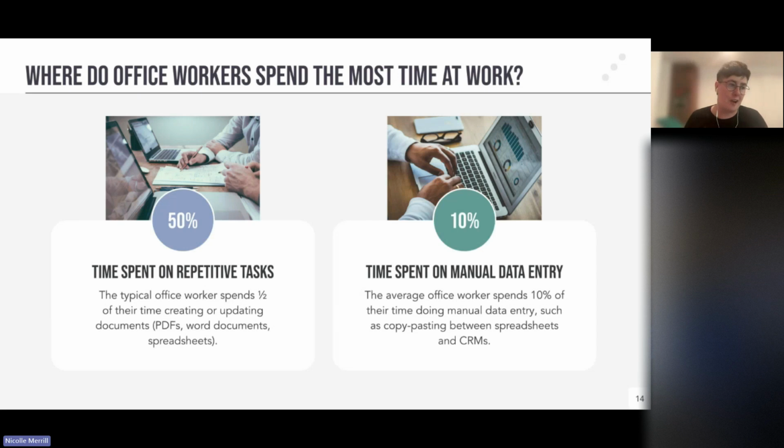Putting information in, documenting information so other team members can use that information to do their work. And we have 10% of time spent on manual data entry. The average office worker spends 10% of their time doing manual data entry, such as copy and pasting between spreadsheets and CRM. And that's quite a bit of time if you think about your workday.